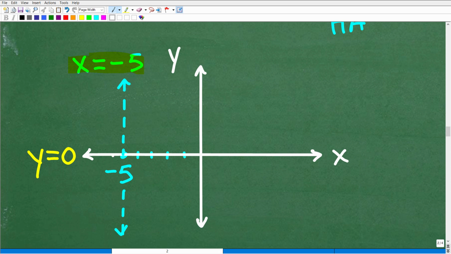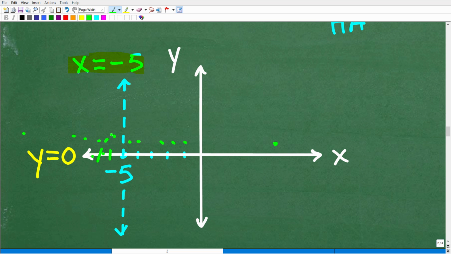You have to say, let me test some points over here, to the left of x is equal to -5. So I'll select some random x points over here and some random points over here. And sometimes it's good to select a larger positive x or negative x point, just to make clear what's going on in what we call end behavior, or get really close to an asymptote too.